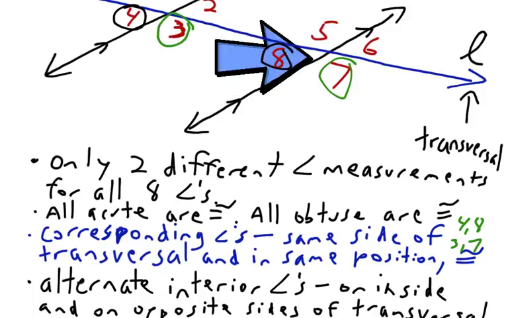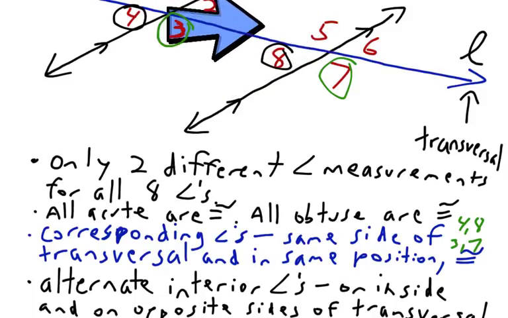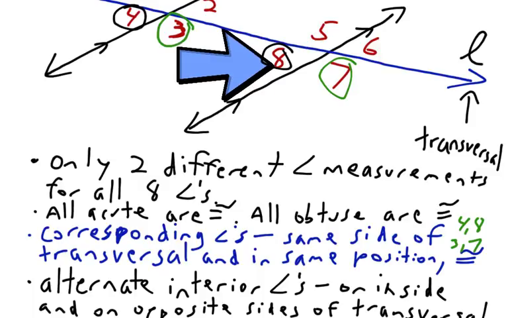So these 4 are facing inward. So out of these 4, 2 and 8 are going to be an example. So I'm going to write those down. 2 and 8 would be alternate interior.